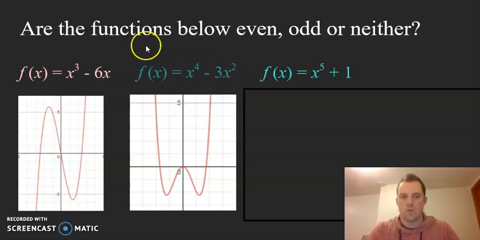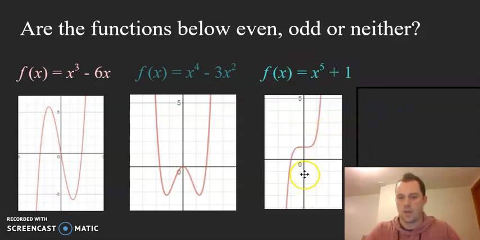So notice how if we add or subtract some other term in our polynomial that isn't a constant, it's still giving us functions that are even or odd based on that leading exponent, or our largest degree in our polynomial. In this case, x to the 5th would be odd all on its own, but if we add that plus 1 in there, it shifts the whole thing up 1, and now it no longer goes through the origin, so it is no longer an odd function.